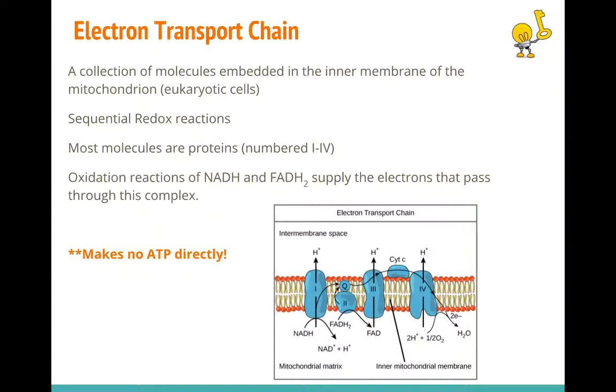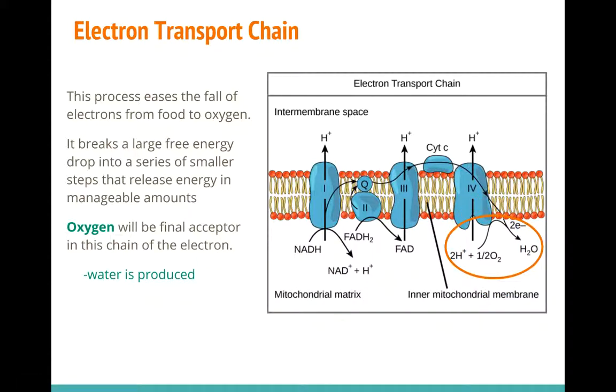There is no ATP, as you can see if you follow these arrows along. There is no ATP actually created. There is simply the passing of electrons and changing of energy states. So ultimately what happens is as the electrons, which came off from oxidizing NADH and FADH2 molecules, they will ultimately be picked up by a molecule of oxygen, and you can see that here, and that is created into a water molecule.